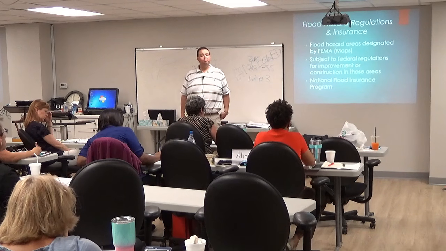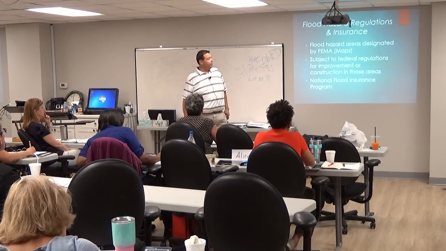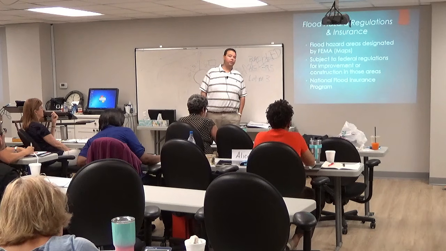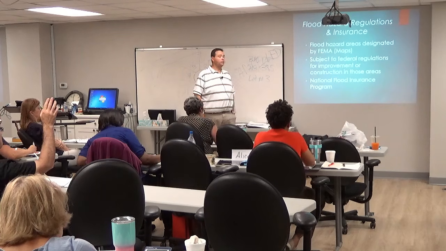And the only place you can buy flood insurance is from the federal government. It's called the National Flood Insurance Program. It is operated and maintained by FEMA. FEMA draws the flood maps, FEMA operates the flood insurance program. That's all you need to know about that.